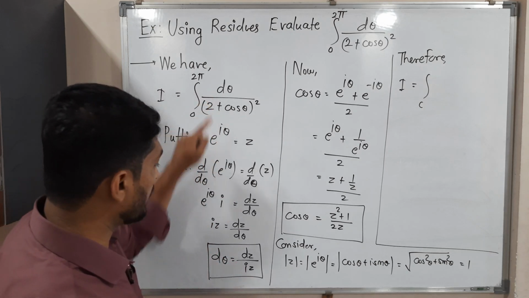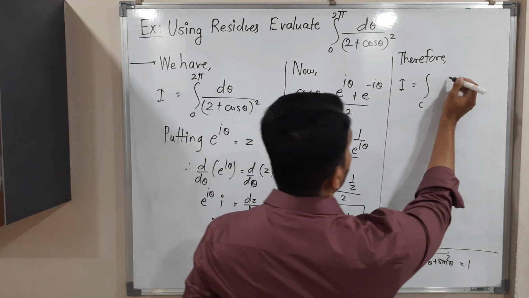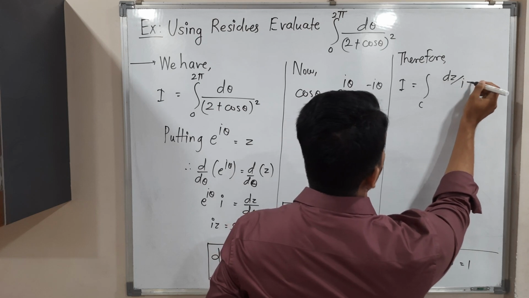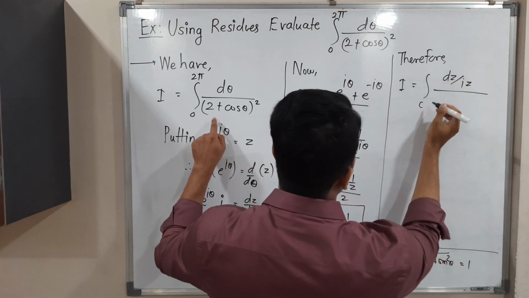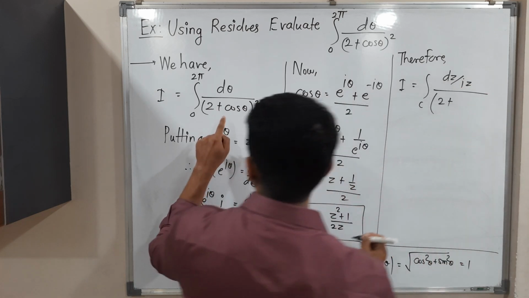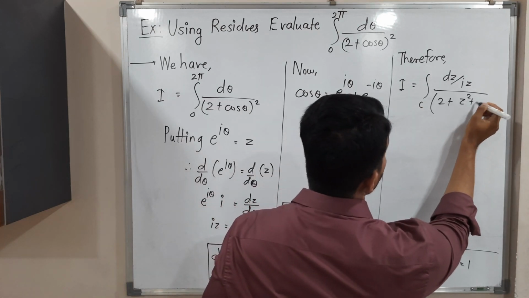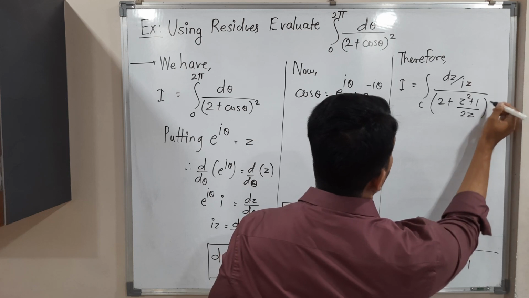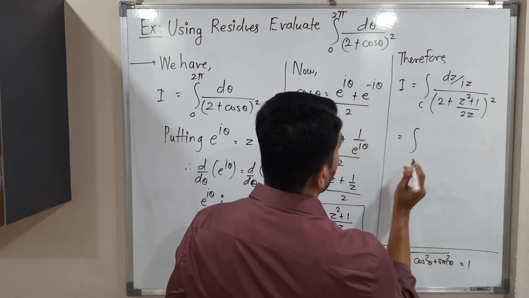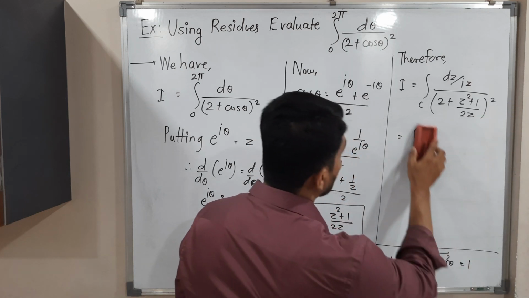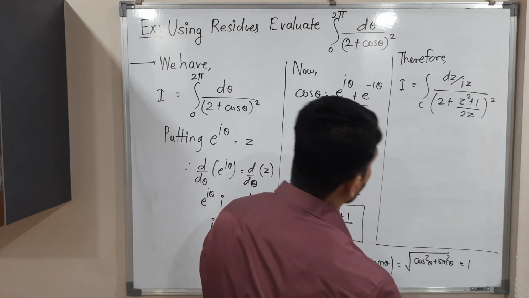What is the value of d theta? dz upon iz. In the numerator we get dz upon iz. In the denominator we have the bracket square, 2 plus cos theta, which is (z square plus 1 upon 2z) whole square. Where c is a circle, I should mention it first.